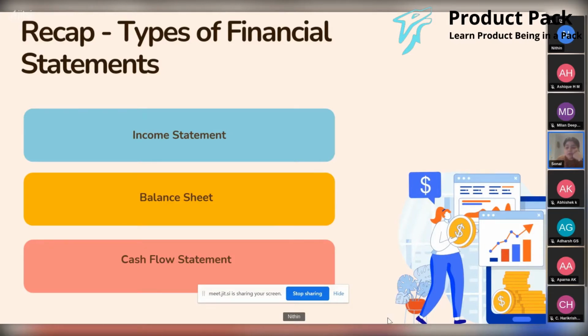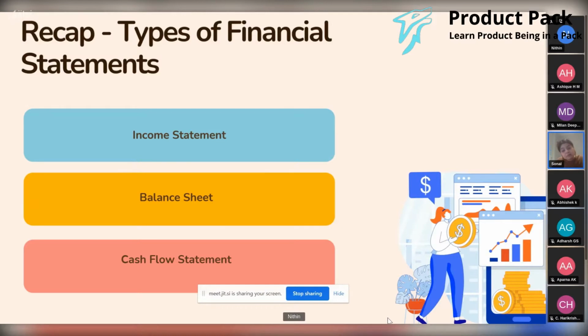We also talked about how cash flow statements are quite important, but quite complicated, so you need basic information like the income statement and balance sheet. You need that understanding before you move on to the complicated stuff.